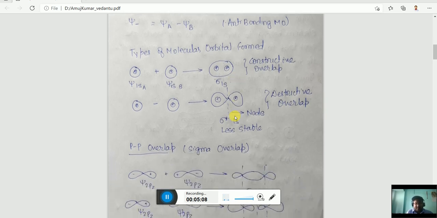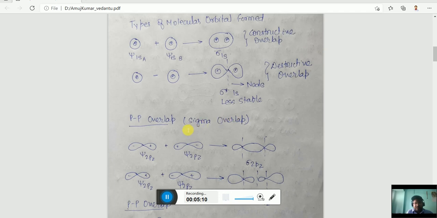In the case of p-p overlap, we will first discuss sigma overlap. In this, two p orbitals combine and form this shape. Here, two nodal planes are present, one at this position and the other at this position.